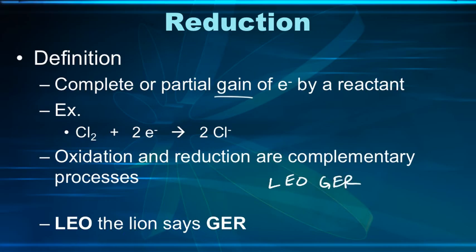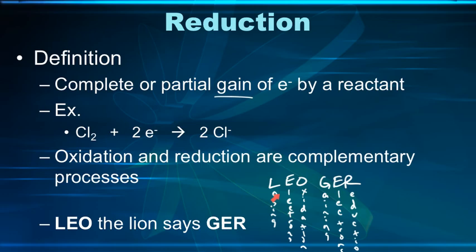I know lions don't really say that, but it's a way to remember this: Losing Electrons is Oxidation. Gaining Electrons is Reduction. So Leo says GER. Losing electrons is oxidation, gaining electrons is reduction.